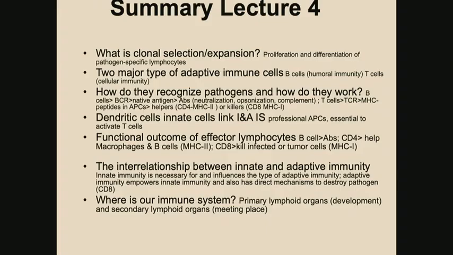So that's one way in which the antigen in the site of infection is transported by the dendritic cells through the lymph to the secondary lymphoid tissue. So that's one way. But for the B cells, they are not activated by the dendritic cells.